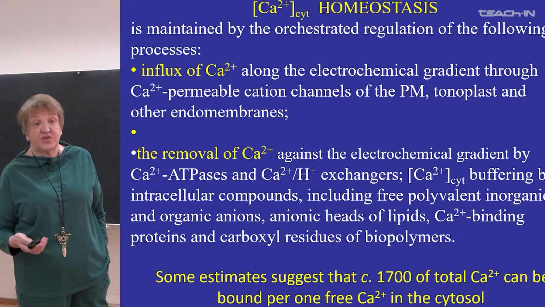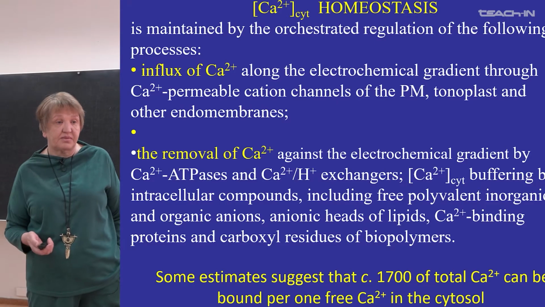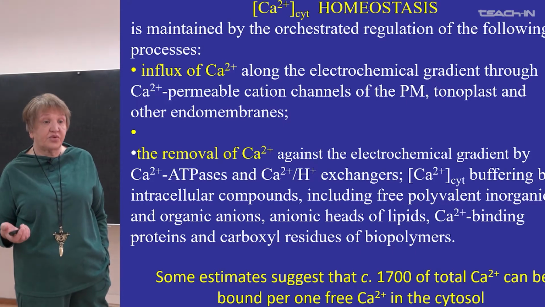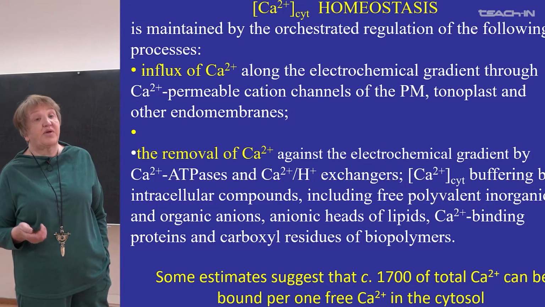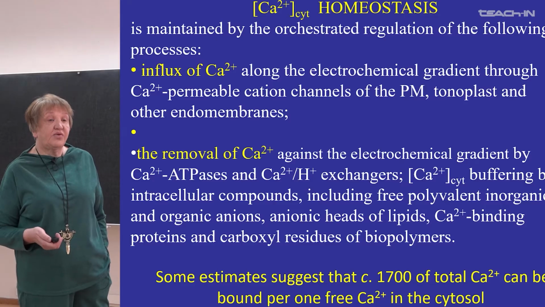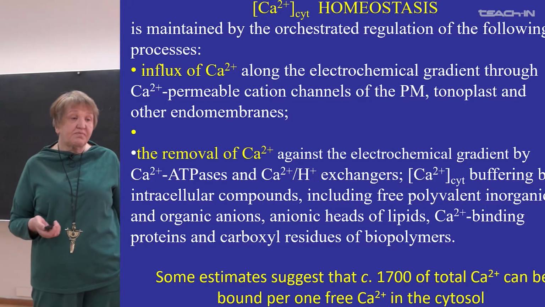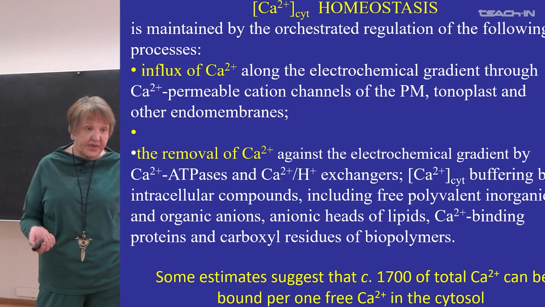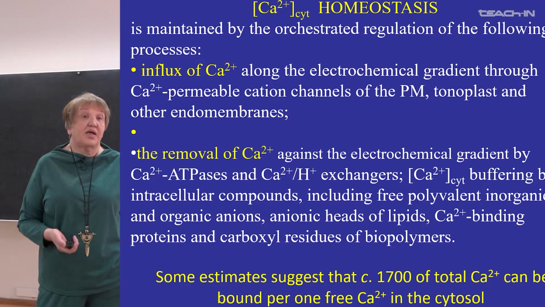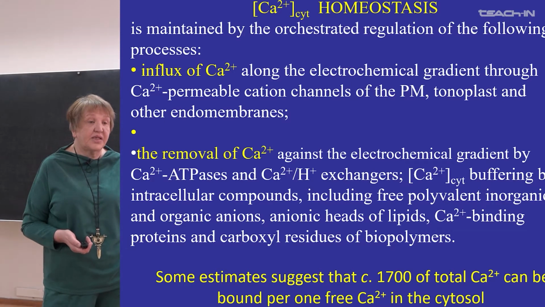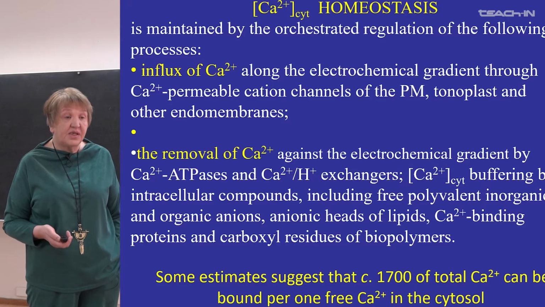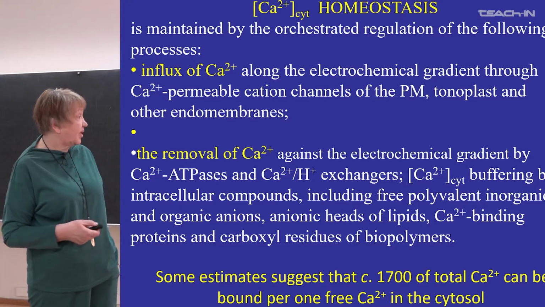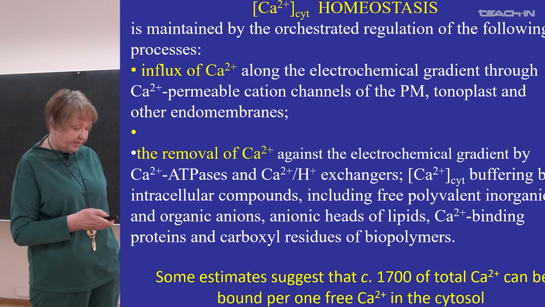So how is calcium removed against the electrochemical gradient? First, there are calcium ATPases and calcium proton exchangers. And there are intracellular compounds, including free inorganic and organic anions, anionic heads of lipids, importantly calcium binding proteins, and biopolymers that buffer intracellular calcium. Some estimate there is much more calcium bound than total in the cytoplasm.